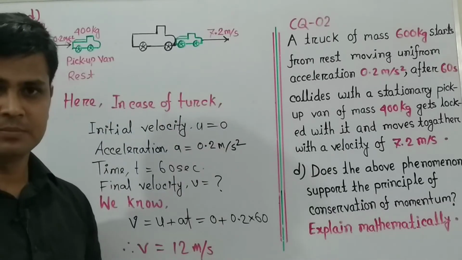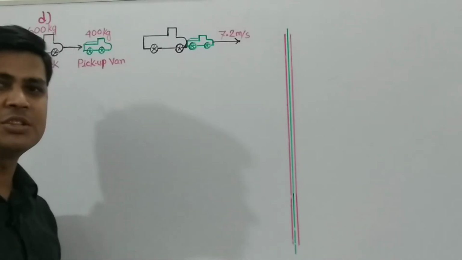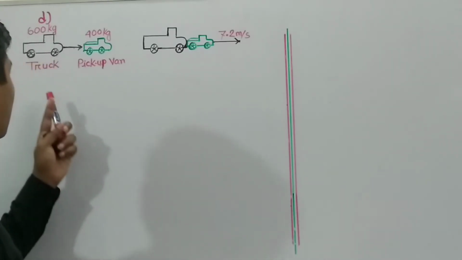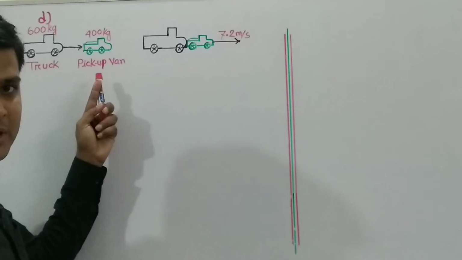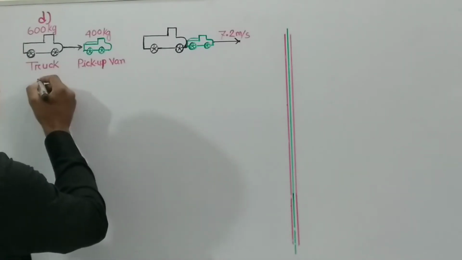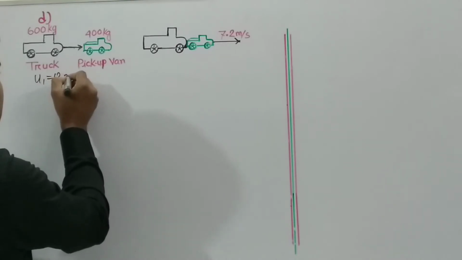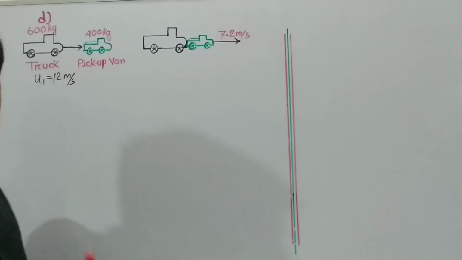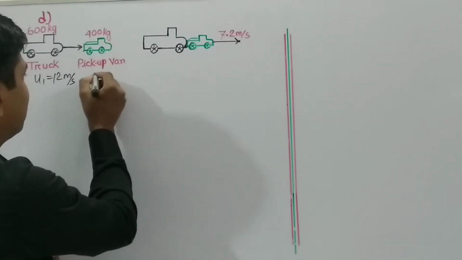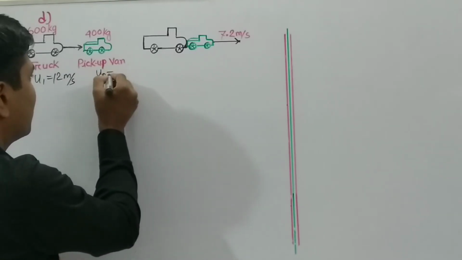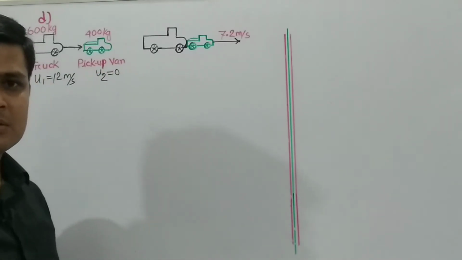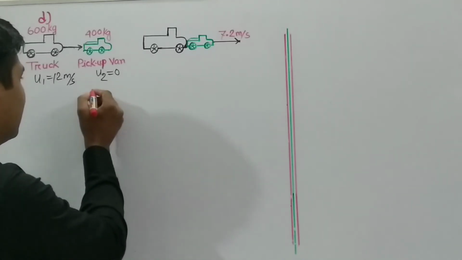Now I am going to calculate the total momentum before the collision and total momentum after the collision. When the truck collided with the pickup van, its velocity was 12 meter per second and the velocity of the pickup van was 0. So let us see the given information here.